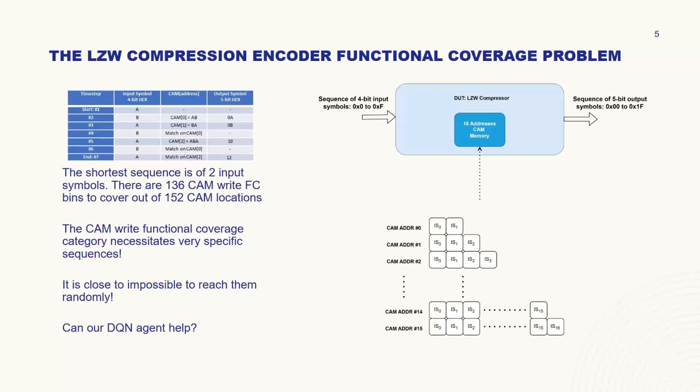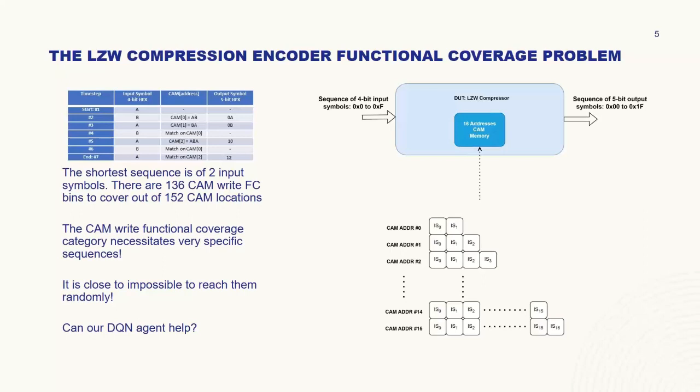Now in total here we have basically 152 locations. Believe me, you don't have to count. And in terms of functional coverage, I actually have 136 bins. Why? Because if a sequence is 2 symbols, this is 1 bin. And here I would have a 2nd bin and 3rd bin, and so on. So in total, I will have 136 bins that I need to write to in the CAM.